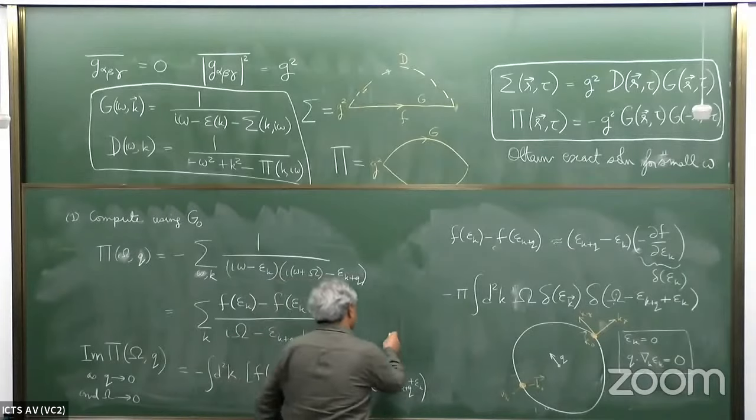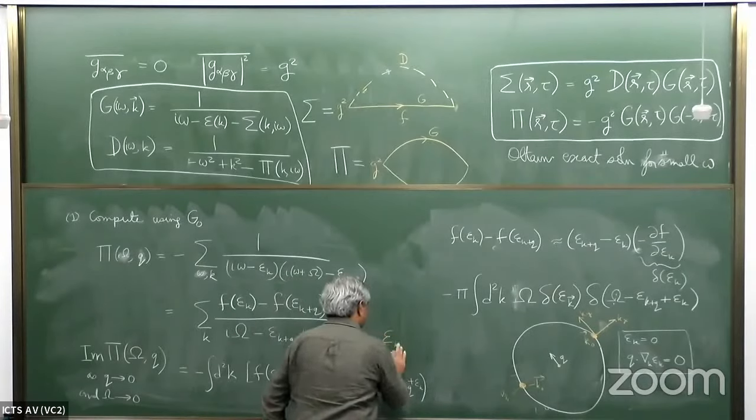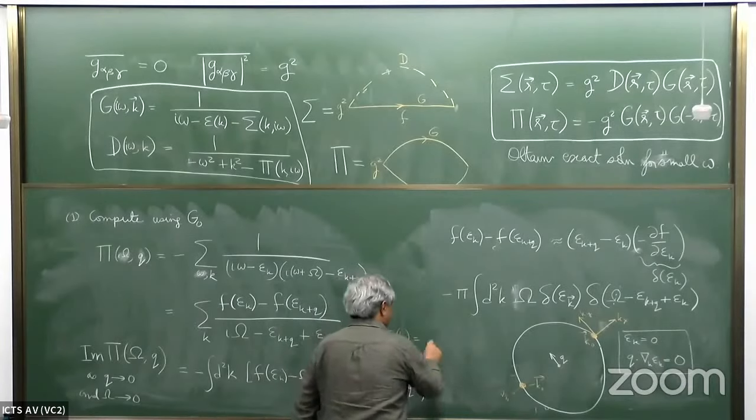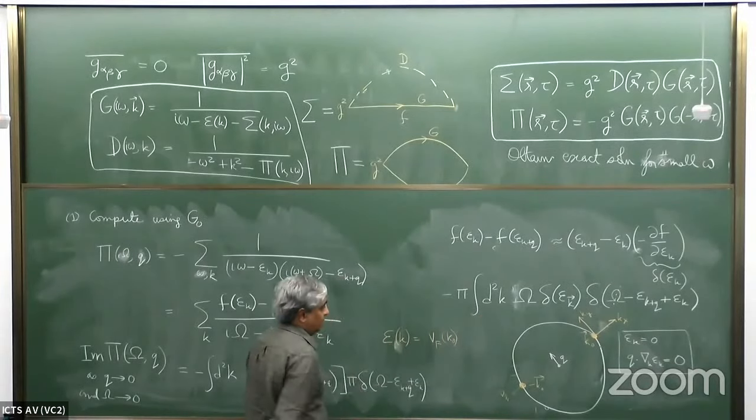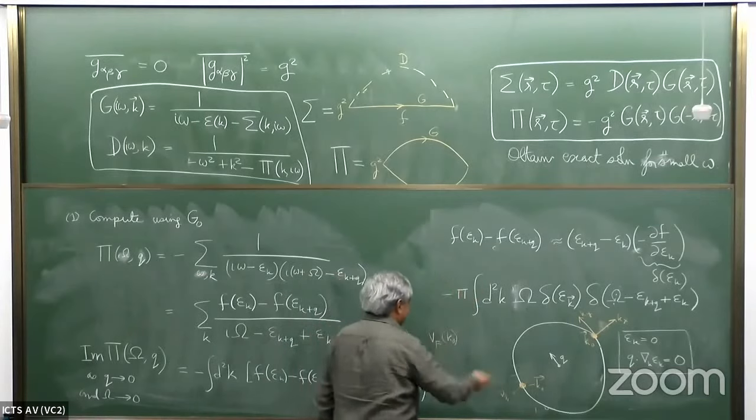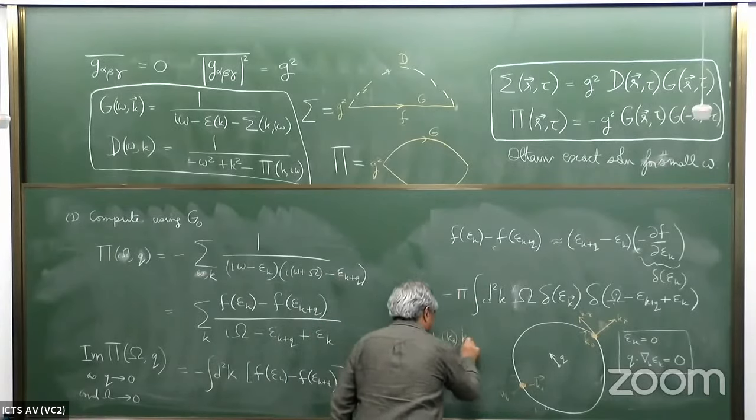I'm going to say that the dispersion E of k, which is some very complicated function, will be some Fermi velocity, which is a function of k naught, some function that I don't know, linear in kx.